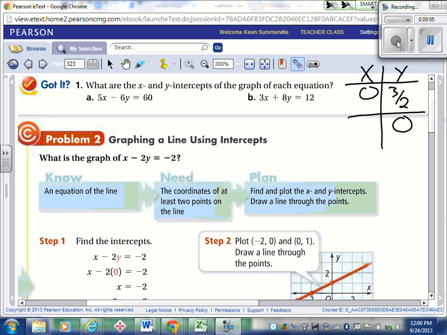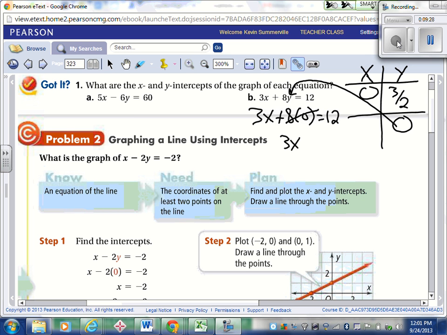Now that we have the y-intercept, we have to plug in 0 to y so we can find the x-intercept. So I'm going to rewrite this as 3x plus 8 parentheses 0 equals 12. Bring down the 3x. 8 times 0 is 0, so that cancels out.